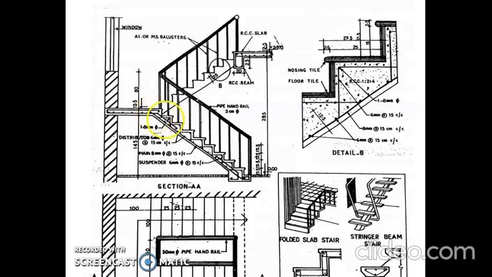In this figure, it is not so clearly shown, but you have to specify the line which is placed just above the distribution bar. This bend up line is just placed above the distribution bar.